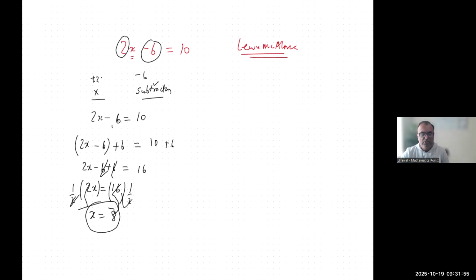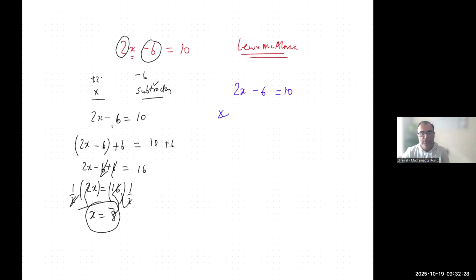Now let's look at this question and try to get rid of the 2 and see how we can do it. 2x minus 6 is 10. Now, listen to me loud and clear without any distractions. I need to get rid of this 2. 2 is being multiplied.